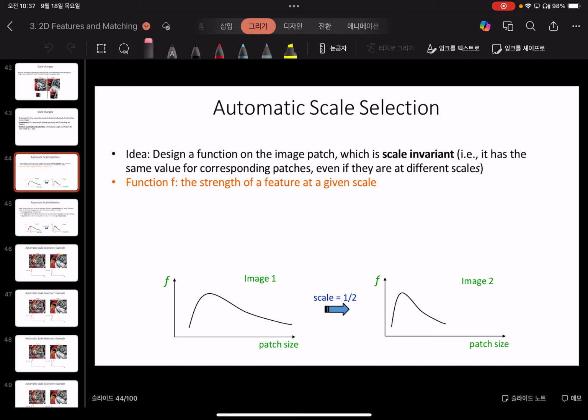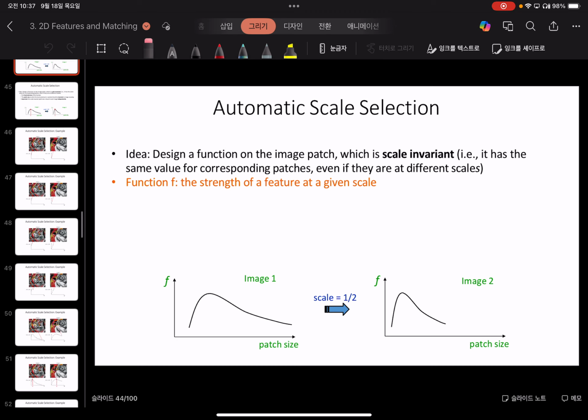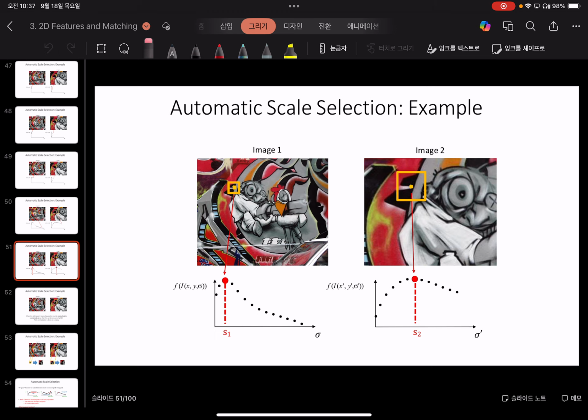Using this kind of automatic scale selection algorithm, we first define a function f, where f returns the strength of a feature at a given scale, and then we find the local extrema of function f. This means that the scale where function f has a local extremum makes this local patch very distinctive compared to other local patches.